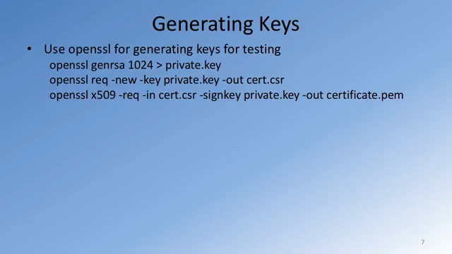This is the operation we are going to do in the exercise that follows this lecture to establish an HTTPS server. The 3 steps are: first, we generate the private key using the first command. Then we generate a cert.csr, which will be used to generate a certificate that can be distributed to the client side by the 3rd command shown there.